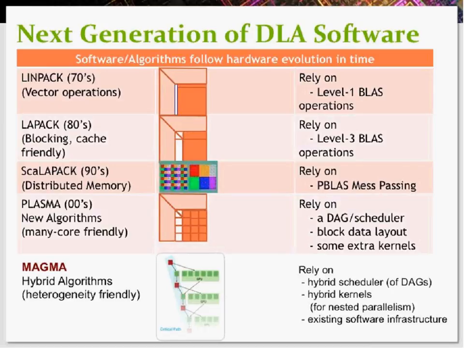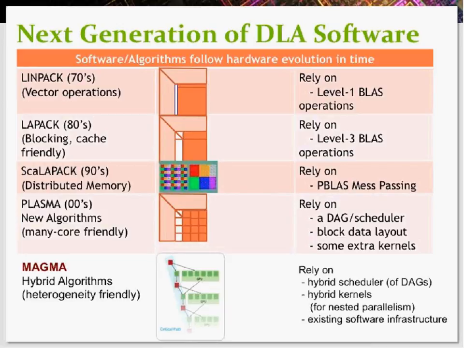So LAPACK algorithms mostly work on level 3 operations, with blocking, to be able to use the memory hierarchy that was in the machines at that time.